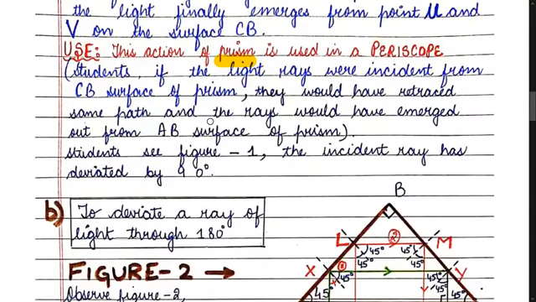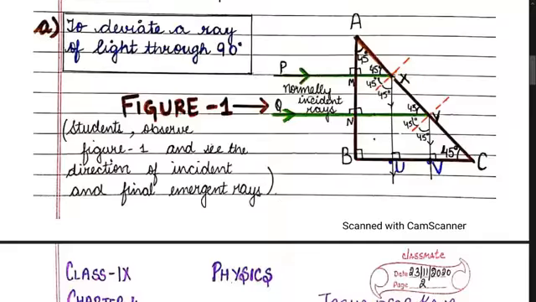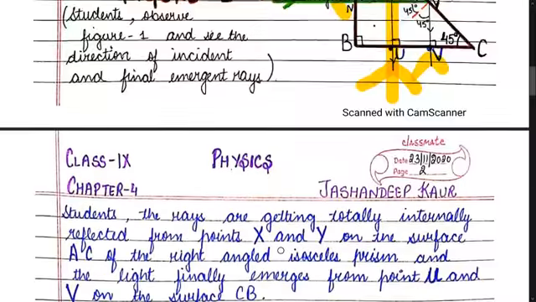So students, right now we have made light incident from AB surface. I am saying that if the light is coming from surface CB, that means if the light was going from U, then it would have followed the same path. That is, from U to X, it would have struck the prism at point X and would have emerged out from point M. Only the arrows would have changed. The rest of the angles and the remaining things were same.